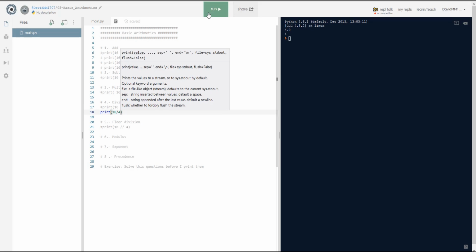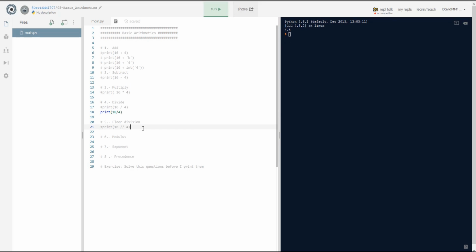Like this, we are going to get the decimals. But if we print this in a floor division, we are only going to get the full number without the decimals. I'm going to comment this again.